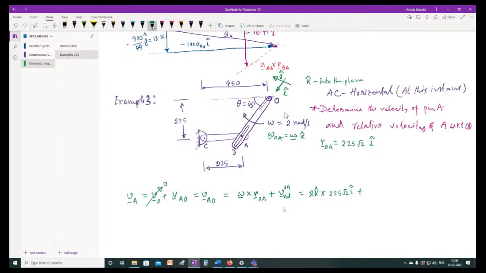We have to find out V relative OA. Can you do this calculation? First term, this one is j, and this is 450 root 2.